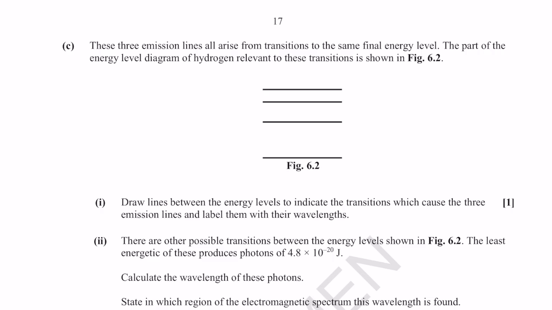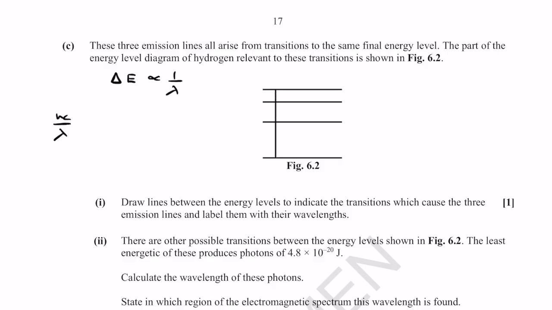We know that the energy gap, which is also the energy of the photons corresponding to the wavelength, is inversely proportional to the wavelength. It's like hc over lambda. So the biggest gap will correspond to the smallest wavelength.